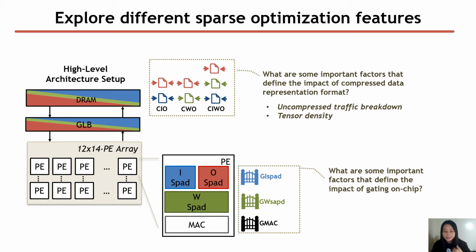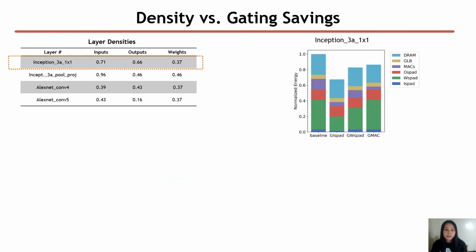So let's look at what are the important factors that define the behavior of these types of optimization. Okay, so first, now we know that density is very important. Can we find some correlation between the density of a tensor and the savings brought by the gating sparse optimization?